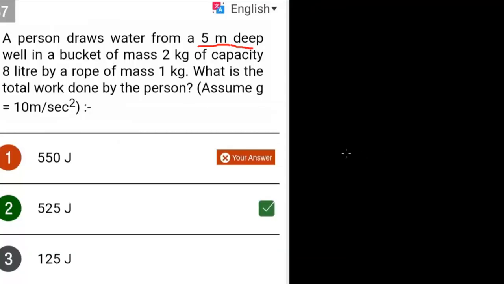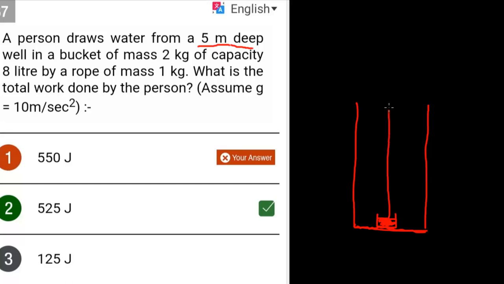Suppose this is a well from where we have to take the water. Suppose this is the water level, and we have a bucket here, and this is the water in it, and this is the length of the rope.